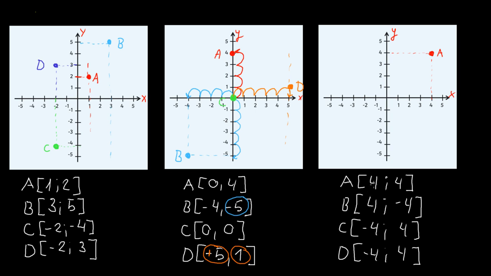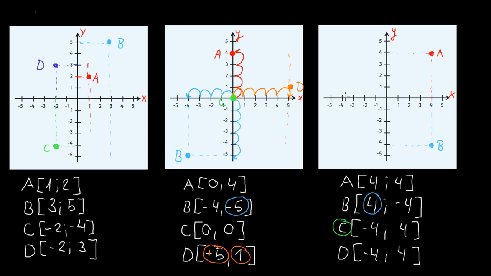Let's go with B in blue. This also says that I'm going to be on the same vertical line as A, but I'm going 4 steps down. So 4, -4, and this is point B. Now point C is -4 and 4.